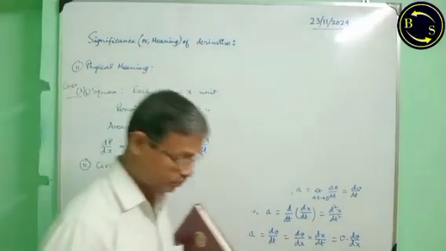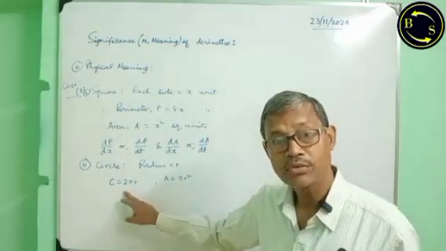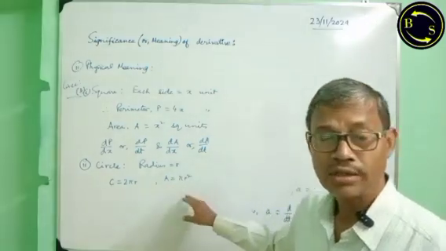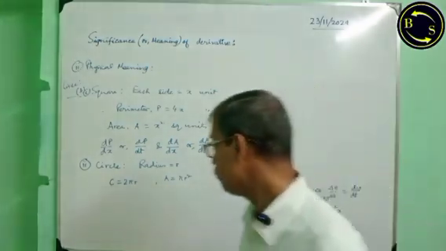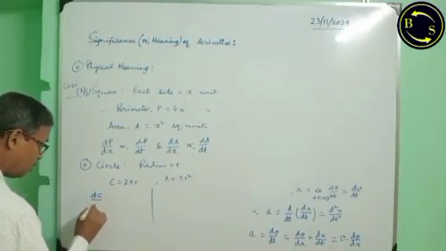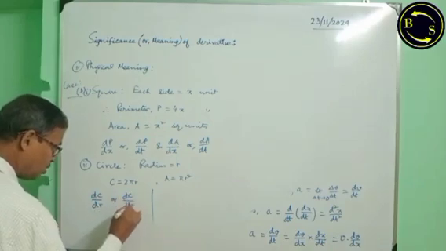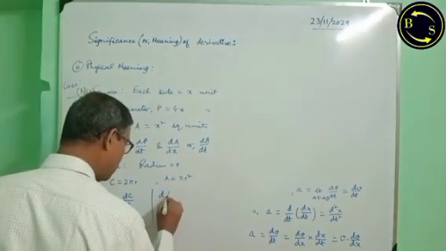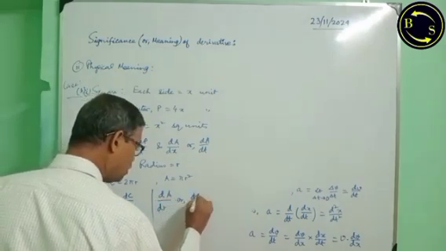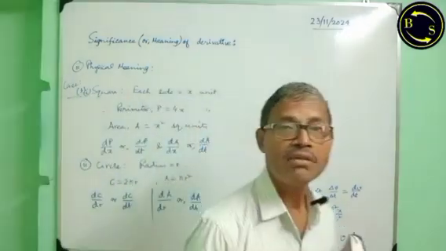Then we can consider rate of change of its circumference with respect to time or with respect to r, rate of change of area with respect to r or with respect to time. That means dC/dr or dC/dt, dA/dr or dA/dt, as per the given conditions.